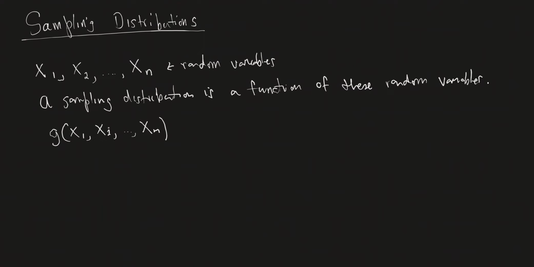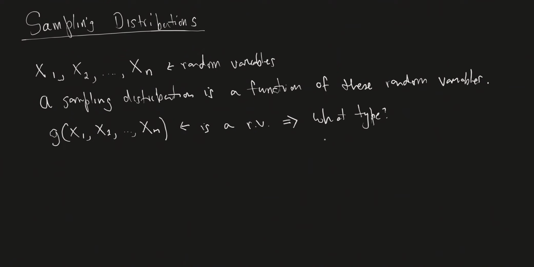Now, if each of these are random variables, then the sampling distribution is also a random variable, because if I don't know specifically what the values of each of these random variables are, then I certainly wouldn't know the value of any combination of them. So this, in fact, is another random variable, which I'll abbreviate to RV. Then the follow-up questions would be: what type of random variable? Is it going to be continuous or discrete?